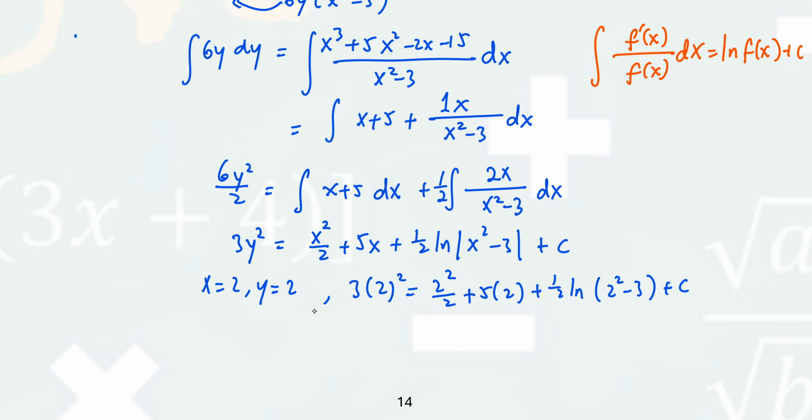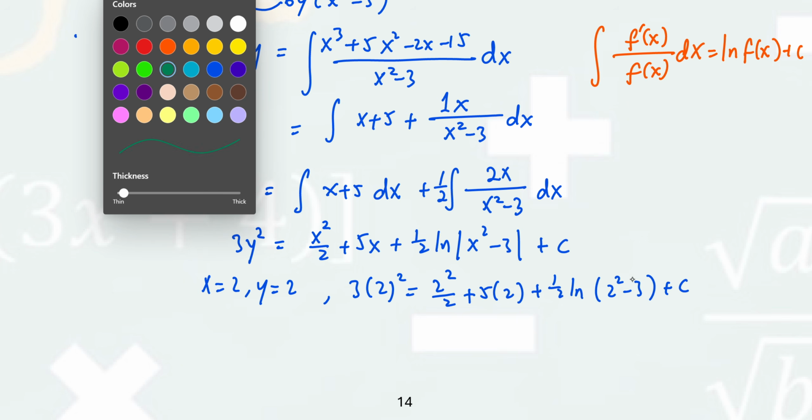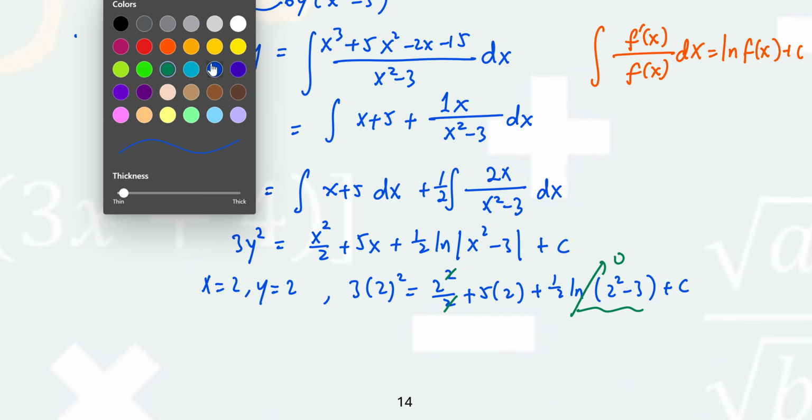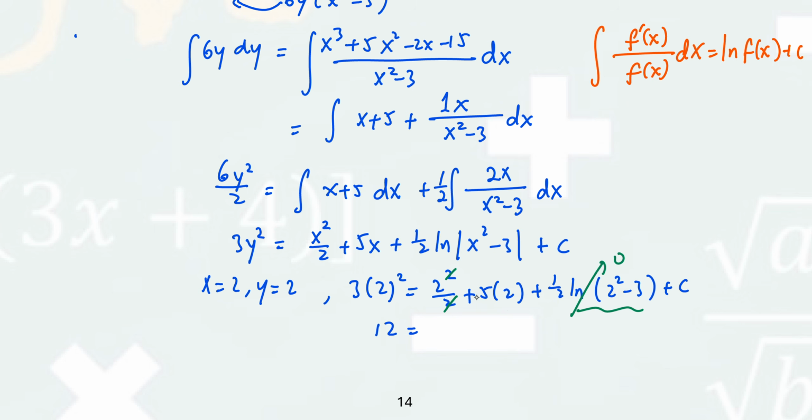Then you will be getting, this is ln 1, okay, 0. So here is basically 4 divided by 2, there is 2. So this is 12 equals 12 plus c. Hence my c is 0.